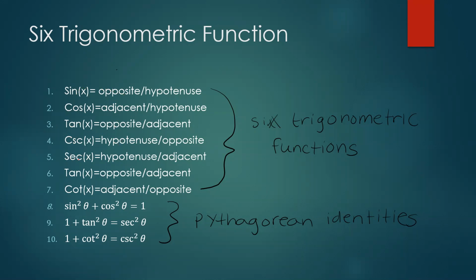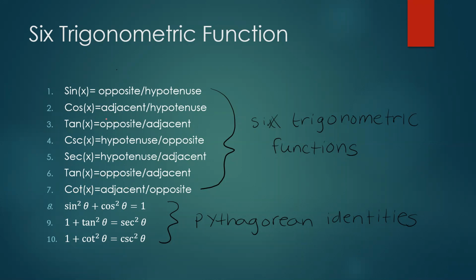As you can see, if you compare secant with cosine, the difference is that they just flipped it. And then cotangent is adjacent over opposite. If you compare the tan and the cotan, they're just the opposite. It's just the reciprocal of this.